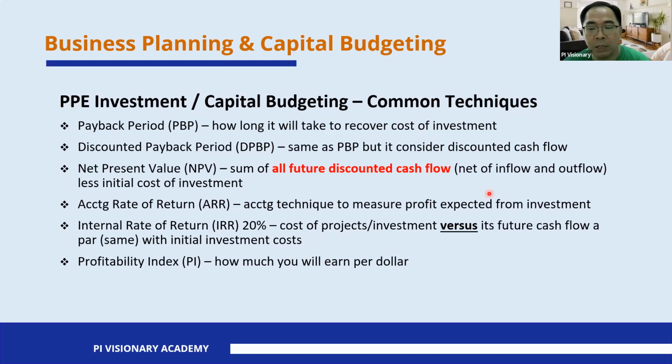Because when a company wants to make a big investment, it usually requires some financial calculation, because investment is a risk. Number one, investment usually requires a big amount of money. Number two.